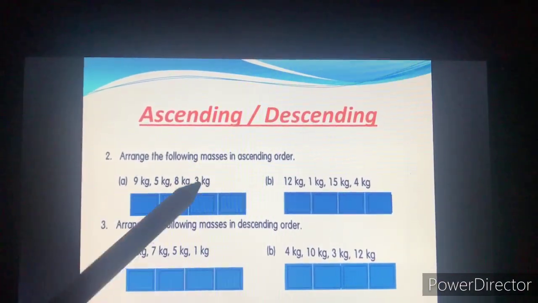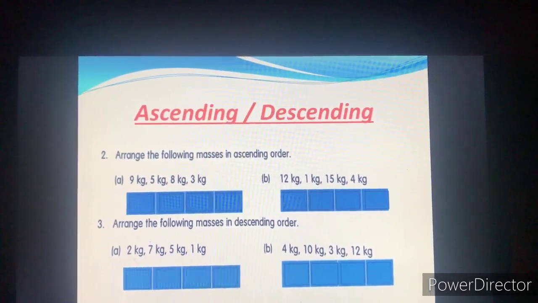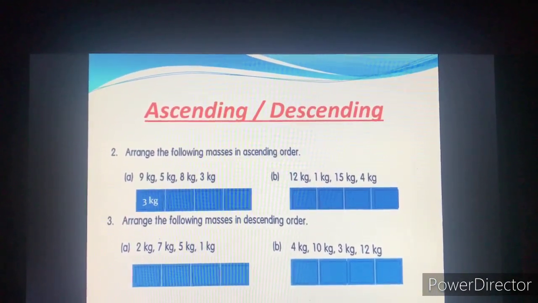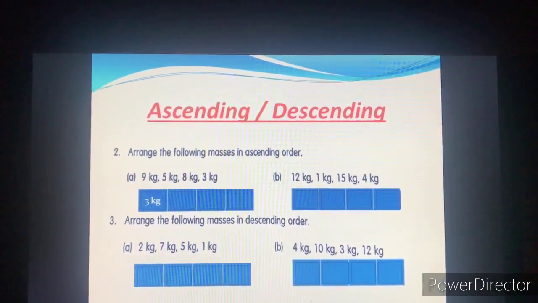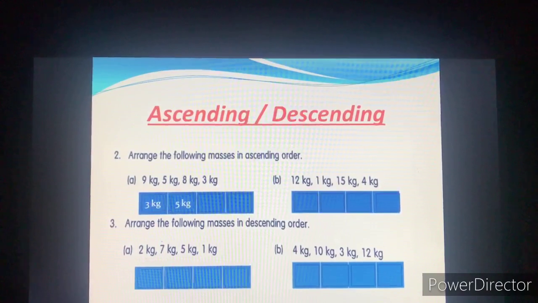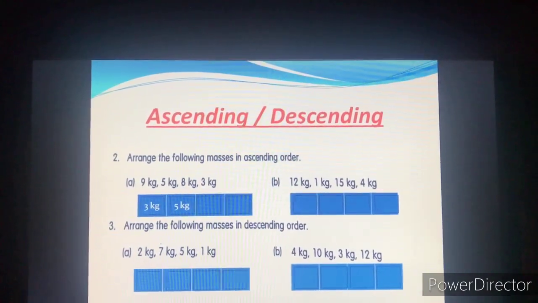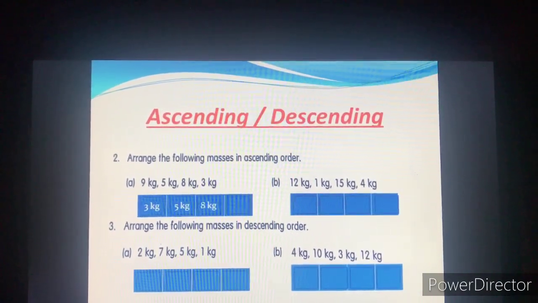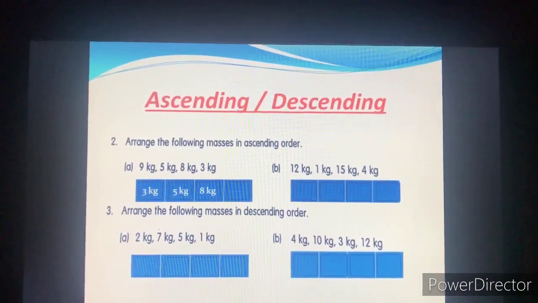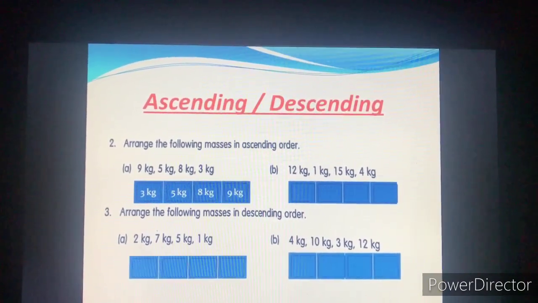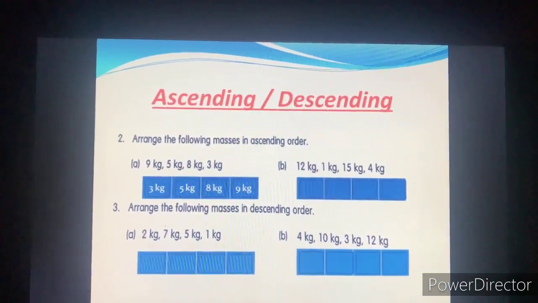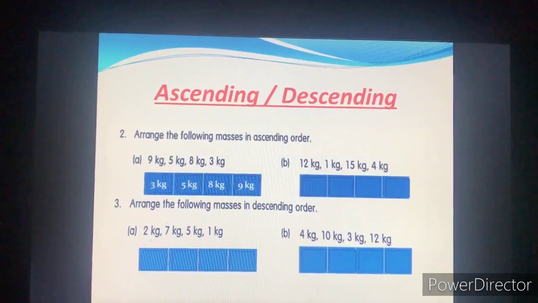Among them, which one is the smallest? Yes, tell me. Yes, 3 kg. Then, what is bigger than 3? Excellent. 5 kg. What's next? 8 kg. And then finally, 9 kg. Here you go. 3, 5, 8, 9. And that's an ascending order.